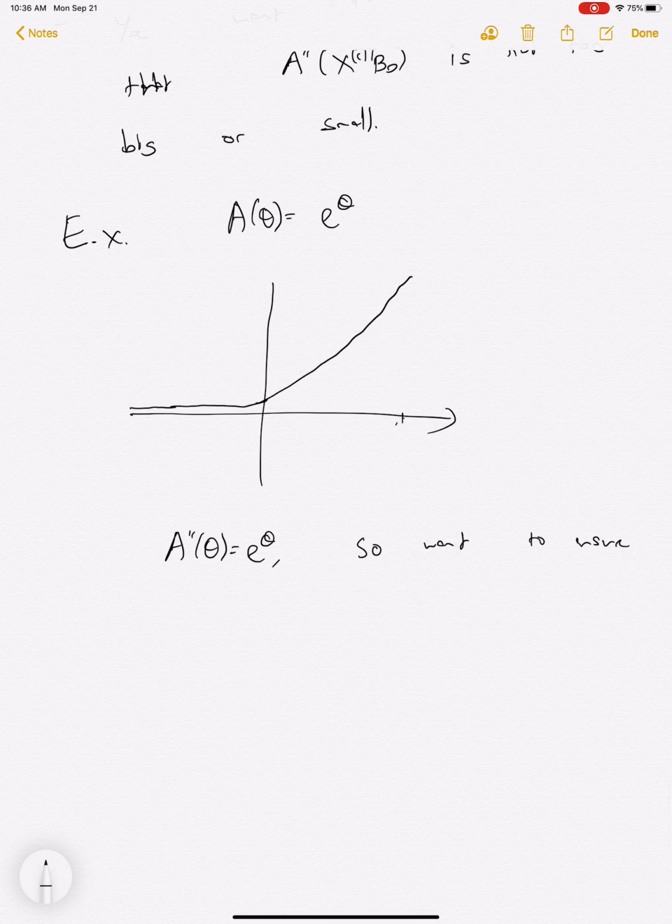We want to ensure theta is not too close to negative infinity or infinity, because at infinity the gradient blows up, and at 0 the gradient gets kind of small.